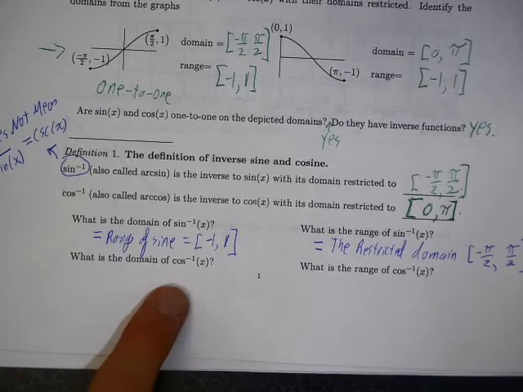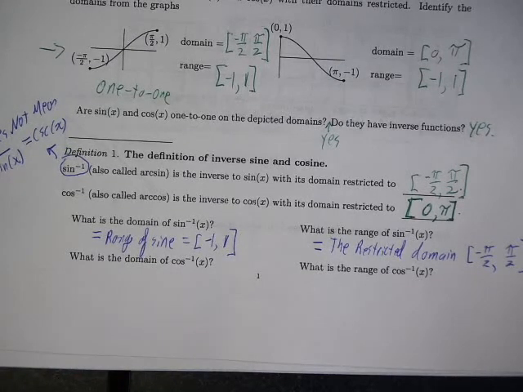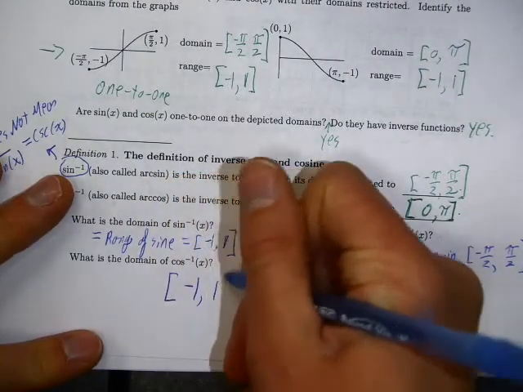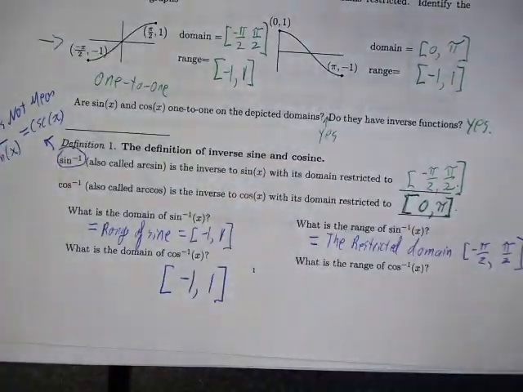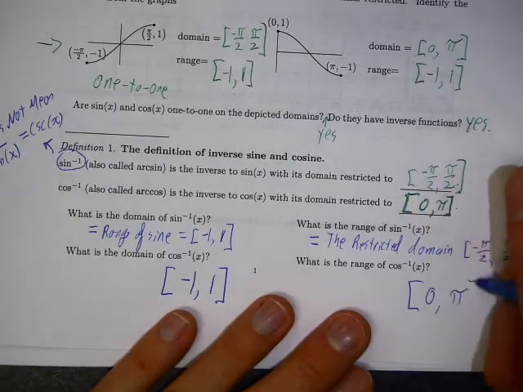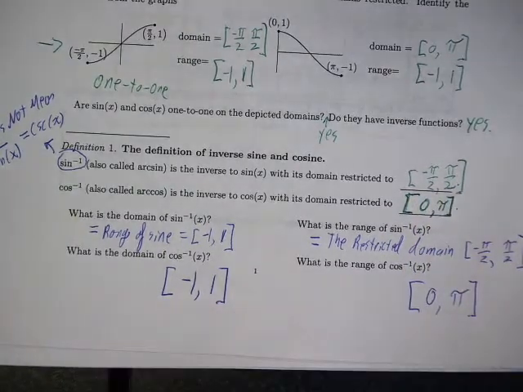What is the domain of inverse cosine? Same as the range of cosine, which is negative 1 to 1. What's the range of inverse cosine? Zero to pi.